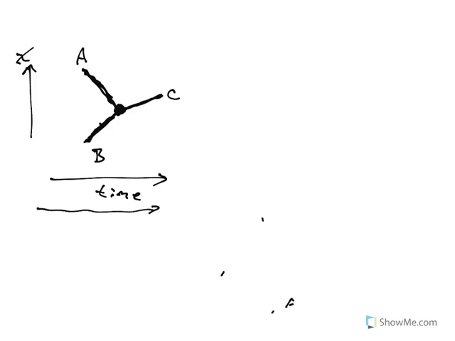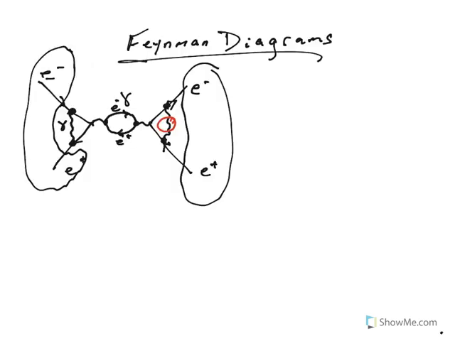But not all cultures do this. Some cultures read from right to left. Some cultures read top to bottom. And so different people have a different kind of visualization of time. But for particle physics, the standard that is generally used nowadays is time moves from left to right for these Feynman diagrams.